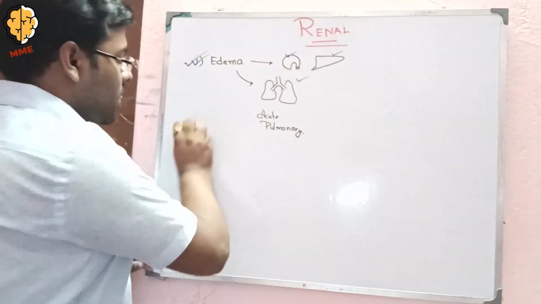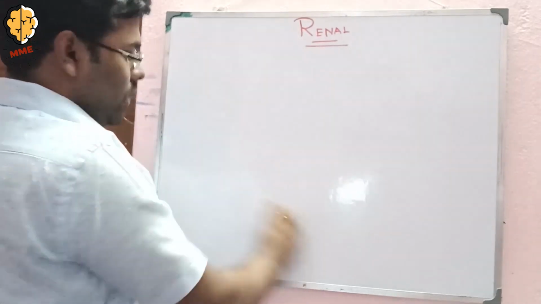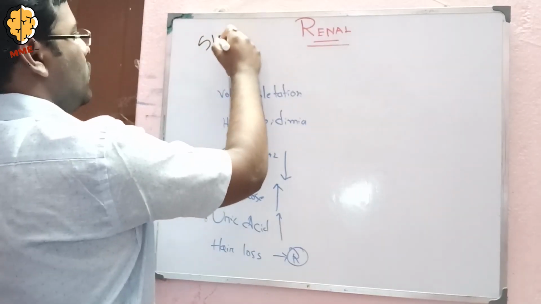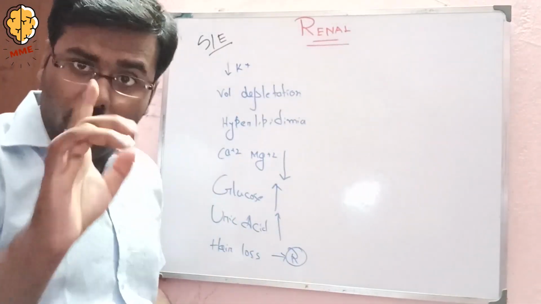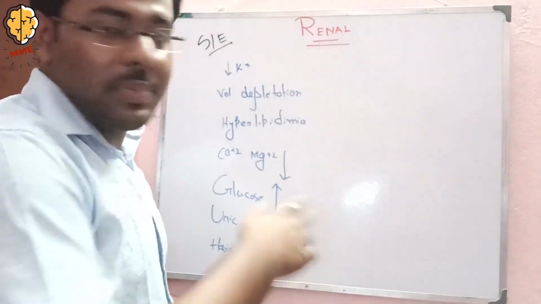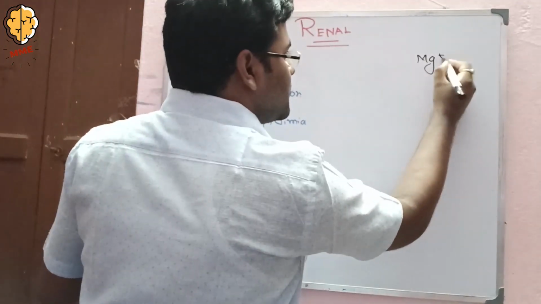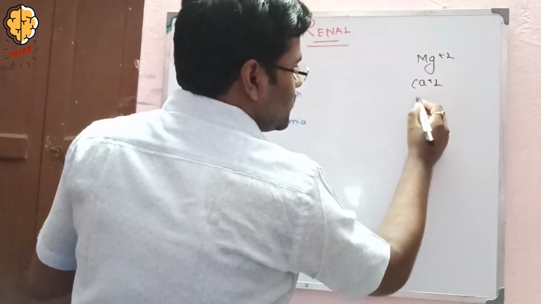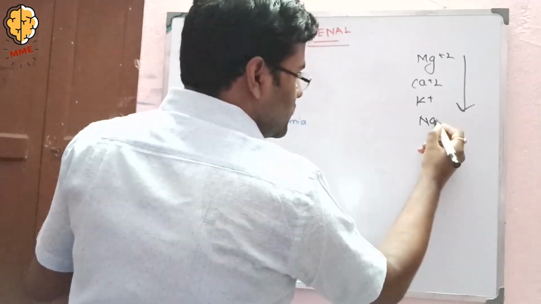Now coming to the side effects of furosemide. Before going to the side effects, you all know them, because in the blood the magnesium, the calcium, the potassium is decreased, the sodium is decreased.